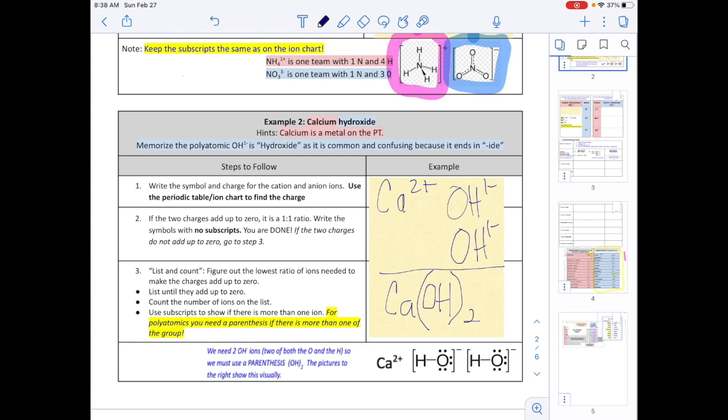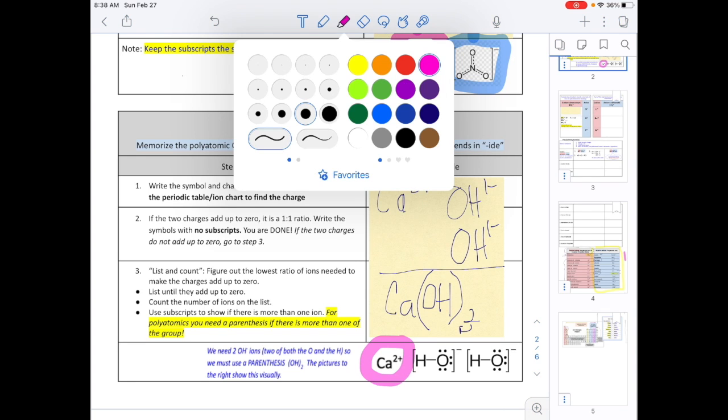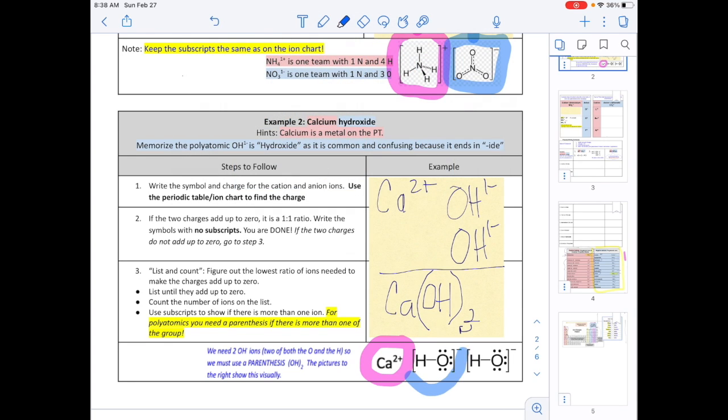Notice the 2 is on the outside of the parenthesis, and that helps me to see that there are actually 2 of those. So here's my calcium, the positive one, and then the OH, I need 1 OH group, another OH group. And that's how that 2 helps me see that I need 2 of the whole team, not just 2 H's.